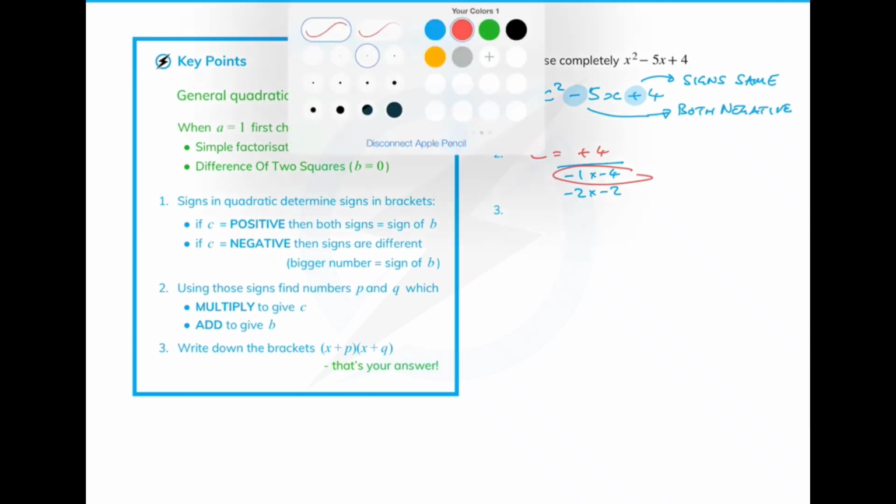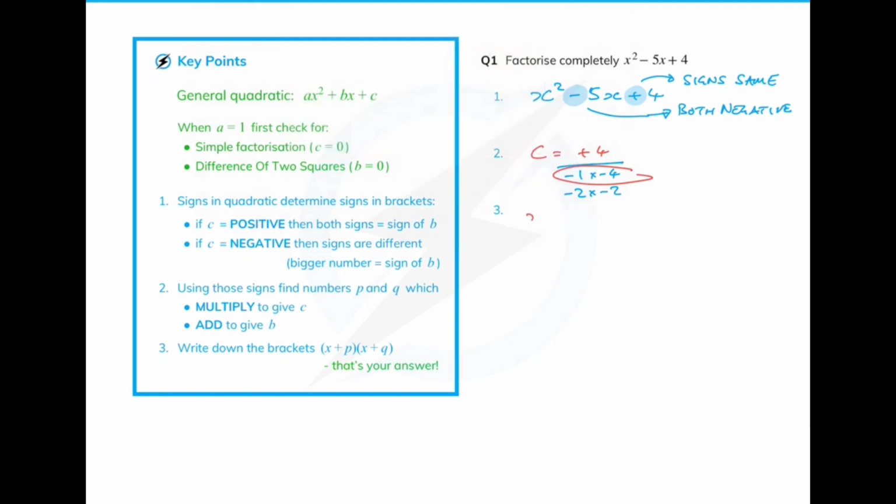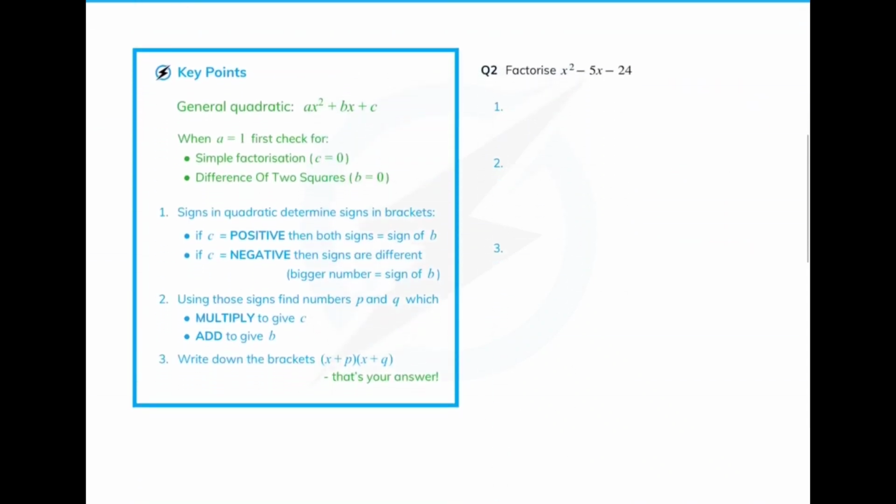And so we can simply write down our answer that x squared minus 5x plus 4 is equal to x minus 1 times x minus 4. And that is that.